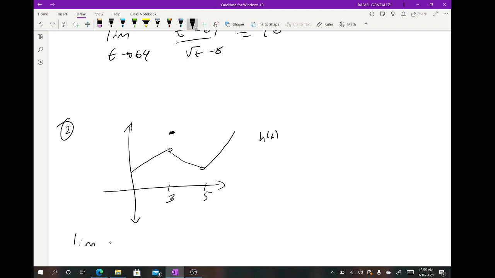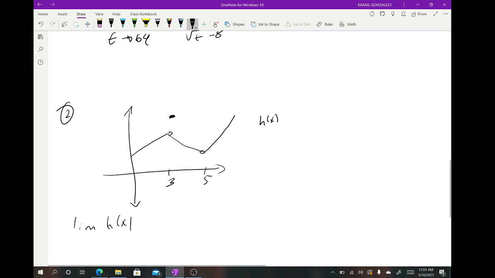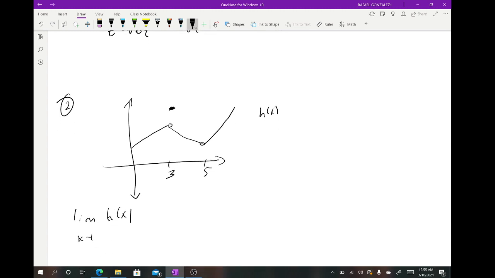I could ask you, what is the limit of h of x as x goes to 3. I could ask you what is the limit as x goes to 5 from the right side, let's say, of h of x, or from the left side.